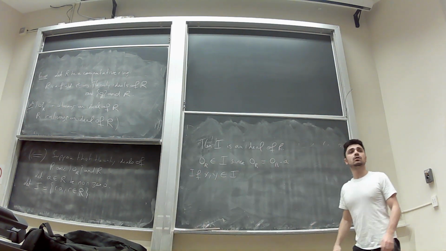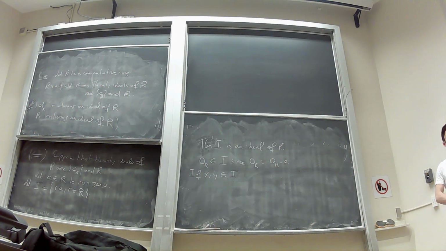Now, if I have two elements in I, does the sum of the two of them belong to I or not? Does x plus y belong? Yes, because you can distribute. If x belongs to I, what can I write x as?